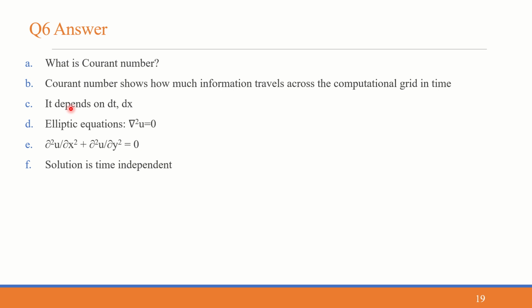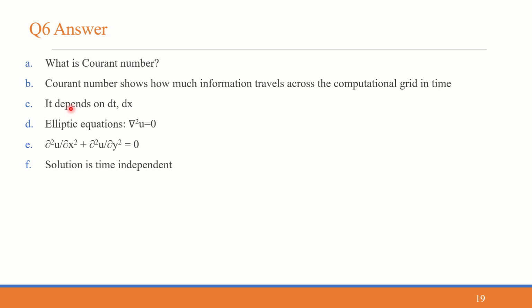I am not talking about the value; actually the formula varies for different equations. For each equation the derivation is different. But for now we are considering v into delta t by delta x, which should be less than 0.5.